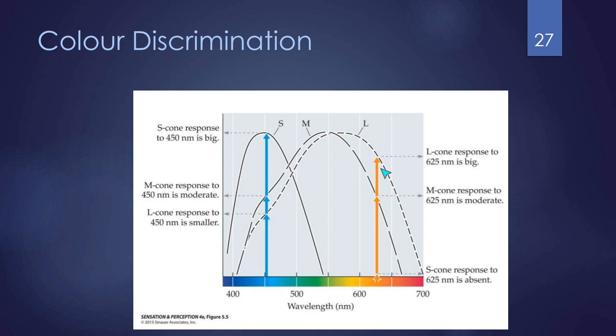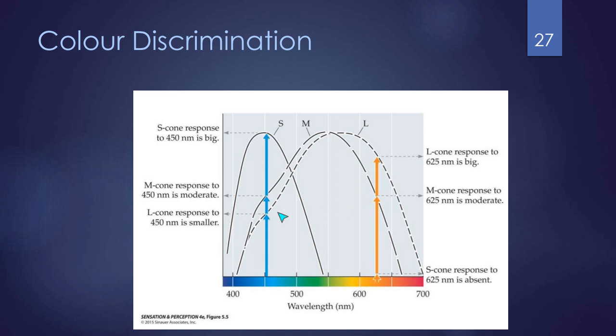This M cone shows the same response here and here to these two different wavelengths. But these wavelengths will produce different outputs from the S cones and the L cones.